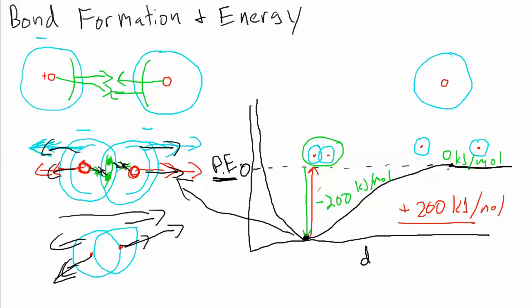So that's how it works, and it works that way with any pair of bonded atoms. There's always going to be a bond energy where the two atoms are the most stable. It's going to be a negative energy, and that's the amount of energy you have to add to get them to split apart. And the reason why that energy is stable right there is because that's the optimum distance where the attractive forces and the repulsive forces are balanced out.